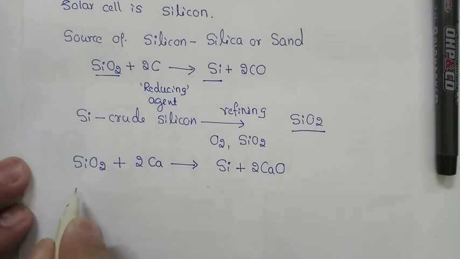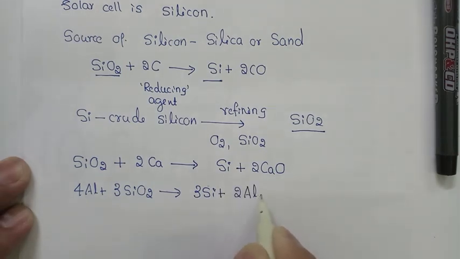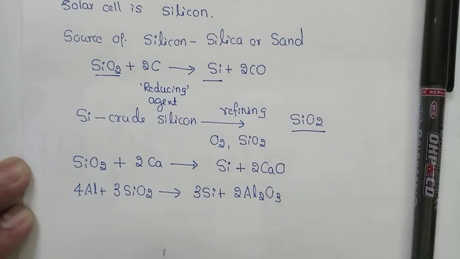Similarly, by treating with aluminum, silicon dioxide gives silicon plus aluminum oxide, Al2O3. Similarly, silicon dioxide when treated with magnesium gives silicon plus magnesium oxide.